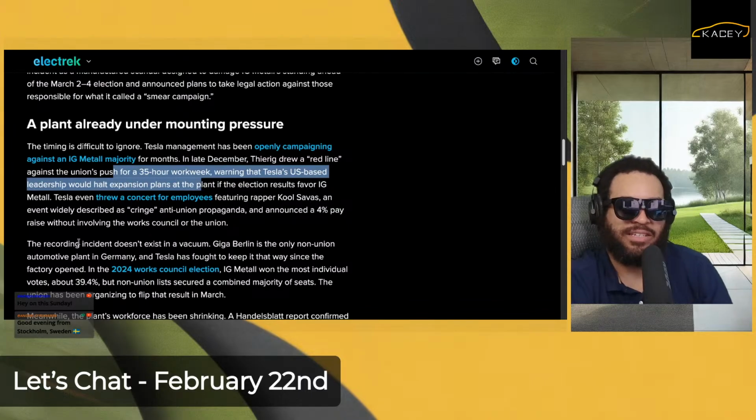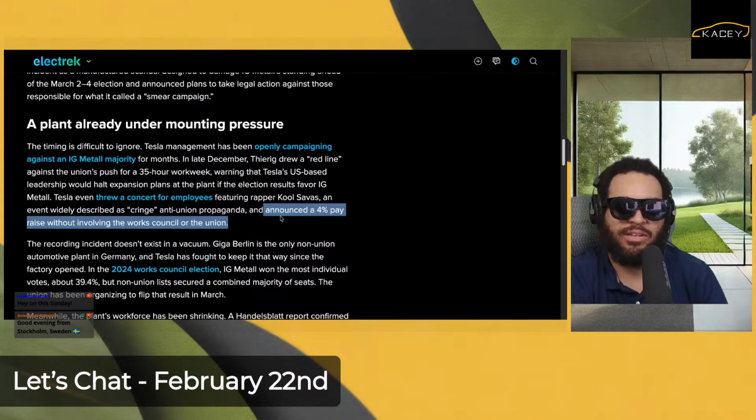Tesla even threw a concert for employees featuring rapper Kool Savas, an event widely described as cringe anti-union propaganda, and announced a 4% pay raise without involving the Works Council or the union. This right here, not the highlight, but the 4% unannounced raise.